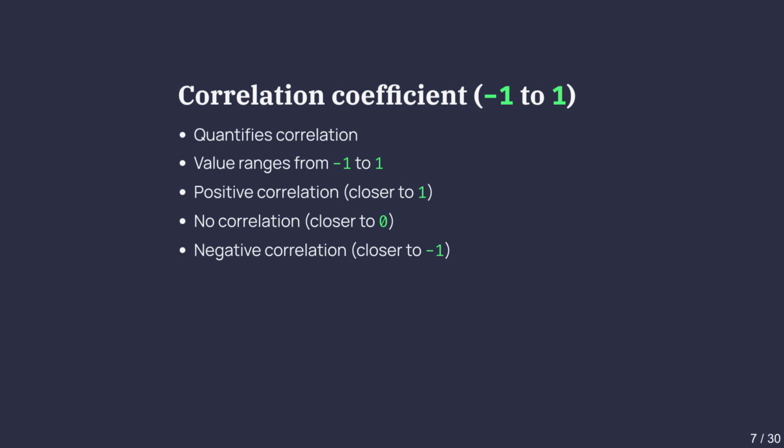We saw this in the test scores example, where as the study hours go up, scores tend to go up as well. If the correlation coefficient is close to -1, we have a strong negative correlation. As one increases, the other decreases. And if the value is close to 0, there is no clear correlation between the two variables.